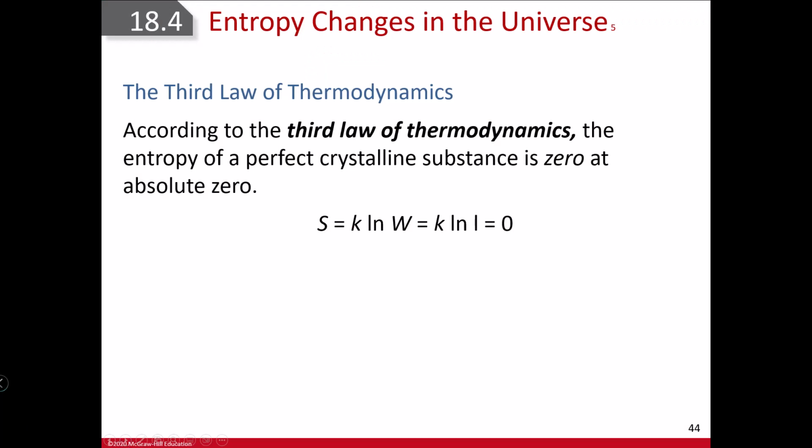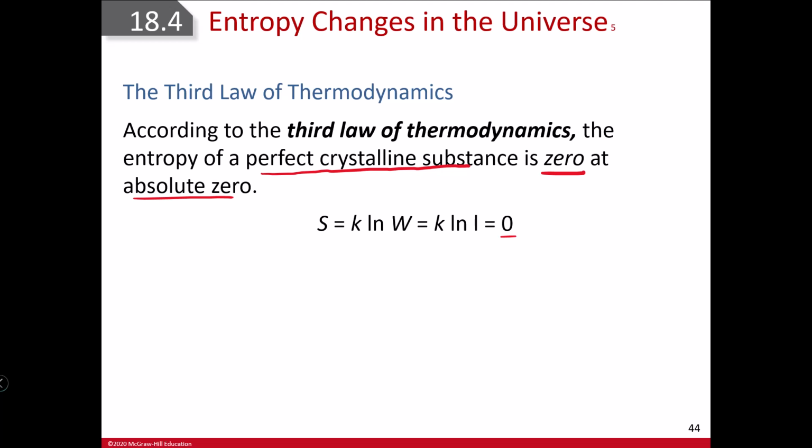All right, the third law of thermodynamics, a different way to write it. So this is what we generally say the third law of thermodynamics is. In a perfect crystalline substance at 0 Kelvin, absolute zero, you have an entropy equal to 0.